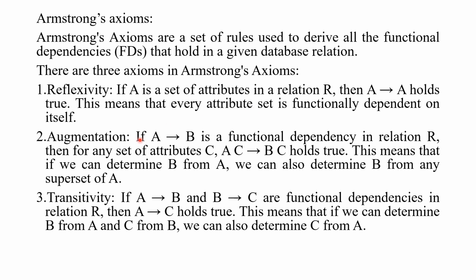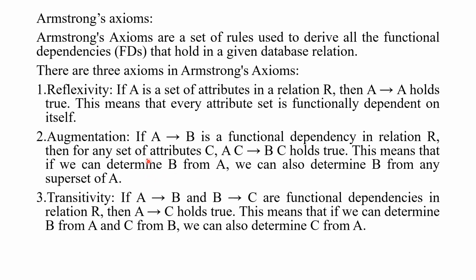The second point is augmentation. This axiom tells us that if a functional dependency exists between two sets of attributes, adding more attributes to both sides of the dependency does not change the dependency. For example, if A determines B is a functional dependency in a relation R, then for any set of attributes C, AC determines BC holds true.